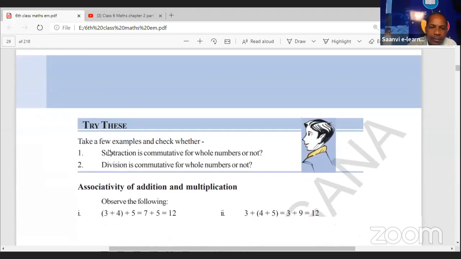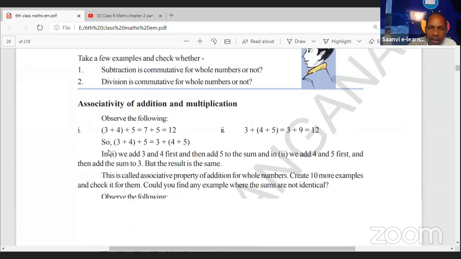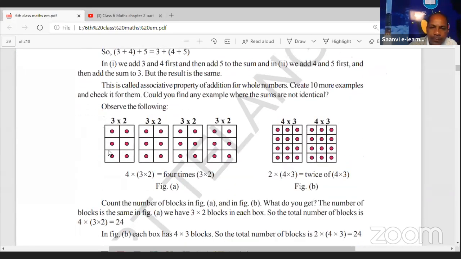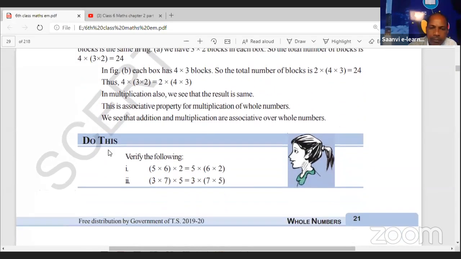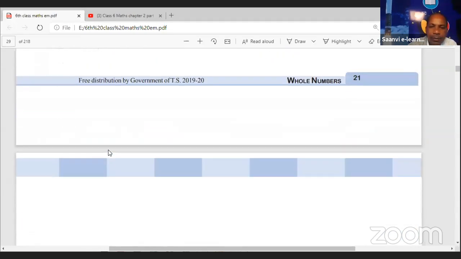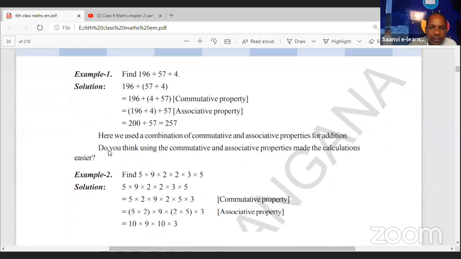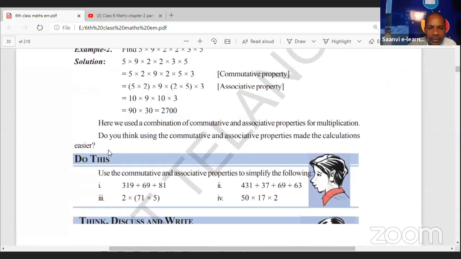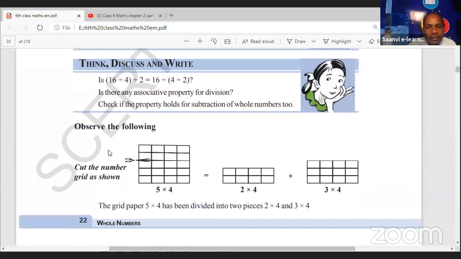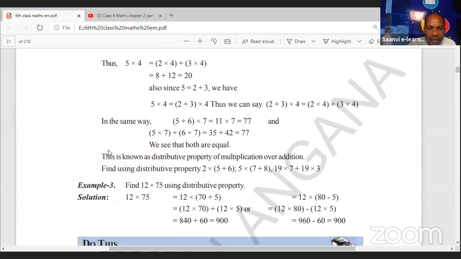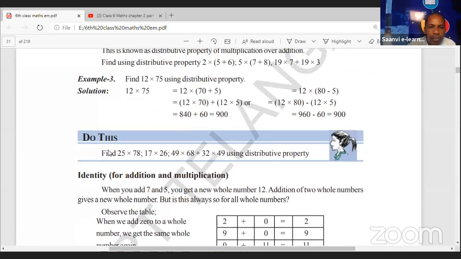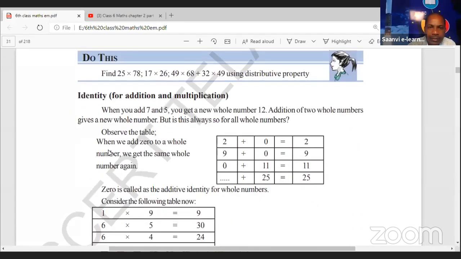We have two types of identities: one is the additive identity and the second one is the multiplicative identity. Let us see what the additive identity and the multiplicative identity are.